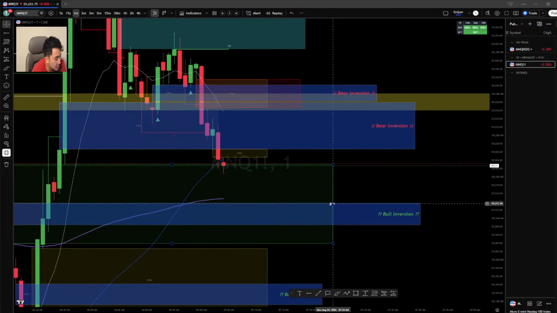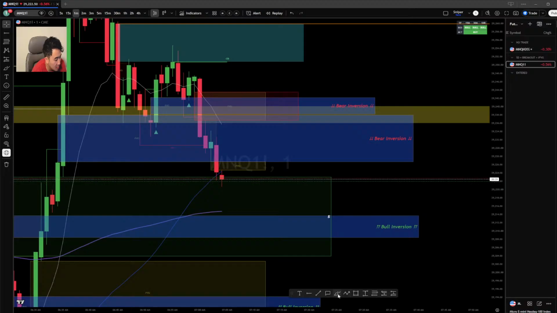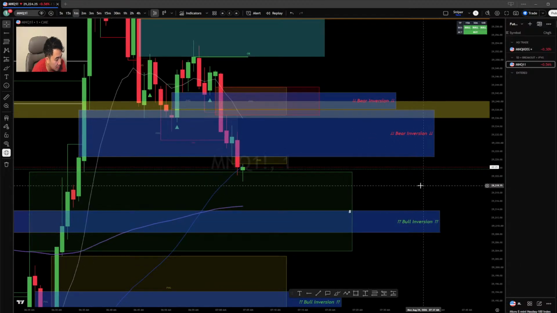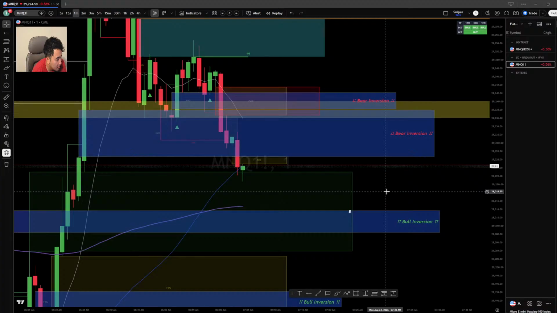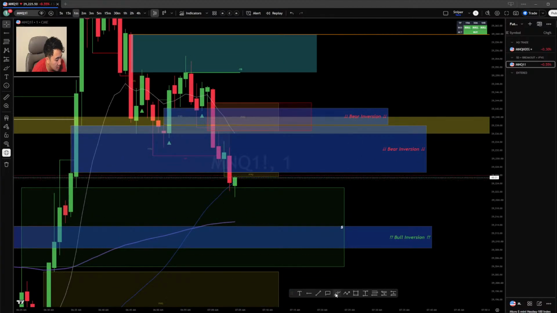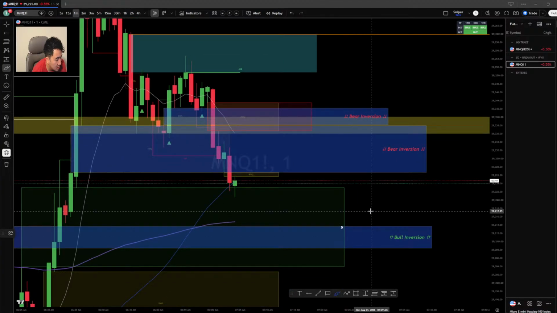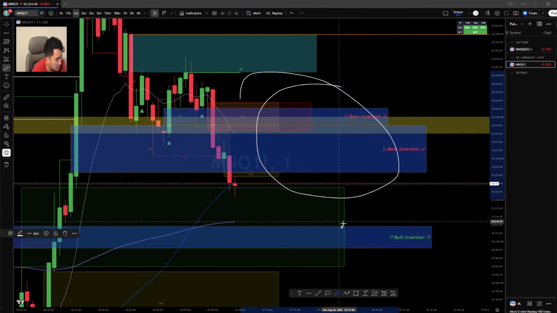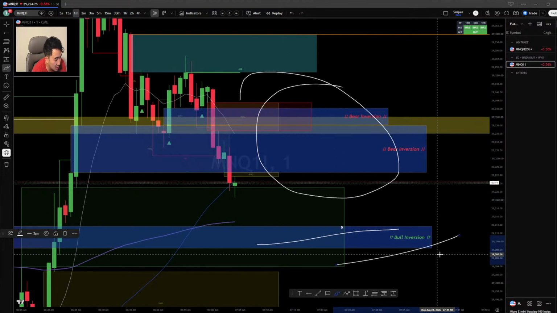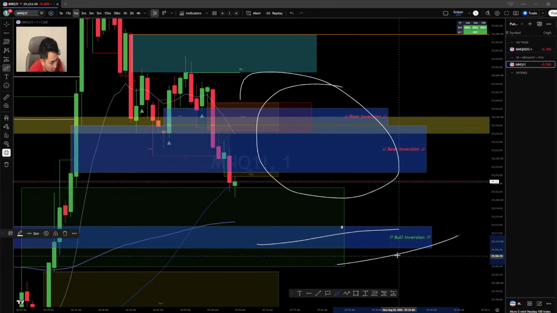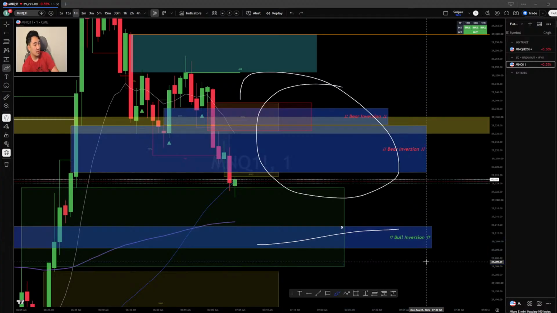I just don't like how this 5-minute gap is here, this 5-minute bullish gap. So lots of bearish structure above, and then you have this bullish inversion on the 1 minute inside of this 5-minute gap.